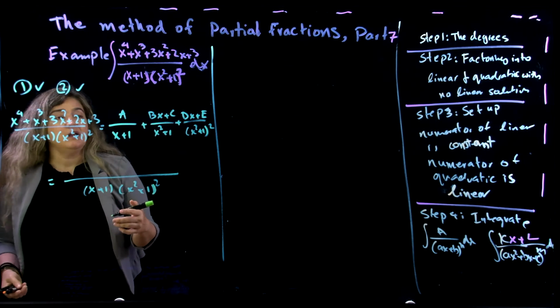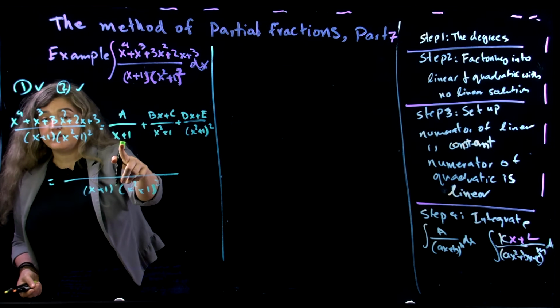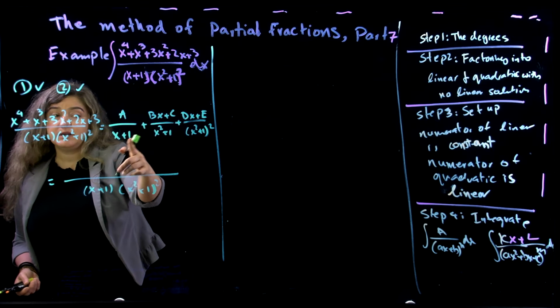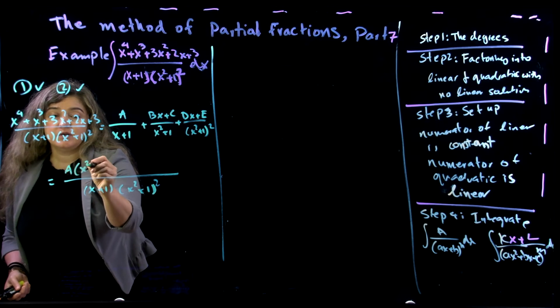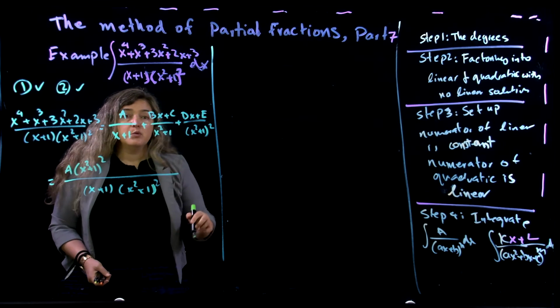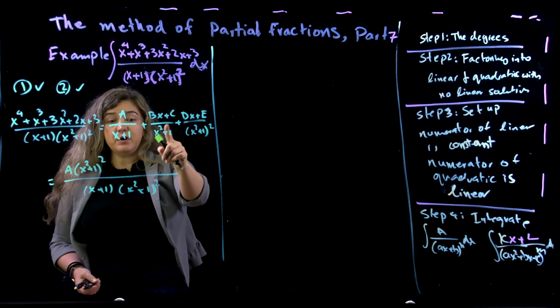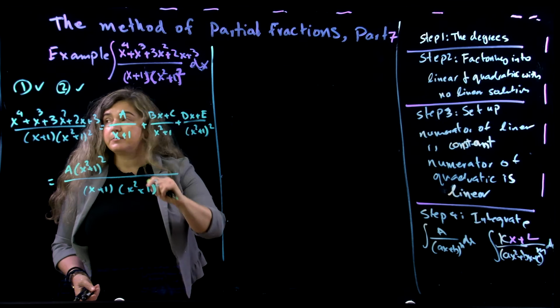That's a routine. In here, what did I multiply the denominator of the first one by? I multiplied it by x squared plus 1 to power 2. So the numerator has to be done like that too. What I do to fraction 2, I multiply the denominator by x plus 1 and x squared plus 1.